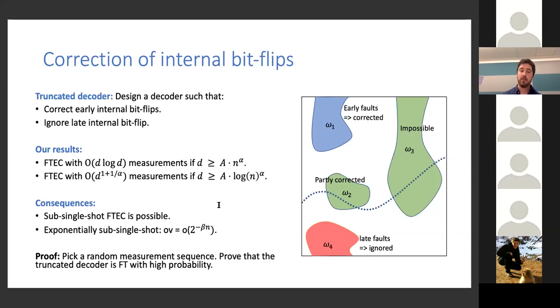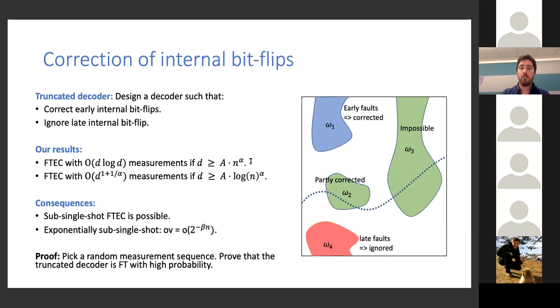Then we look at the length of this sequence, and we obtain these two results. If we have a polynomial minimum distance, we need only d log d measurements for fault tolerance. And if we have a polylog minimum distance, we need d to the some power of d measurements. You can note that the length of the sequence is independent of n.